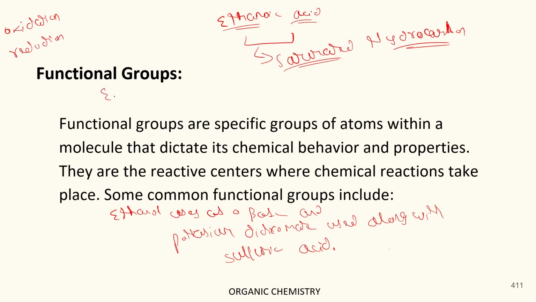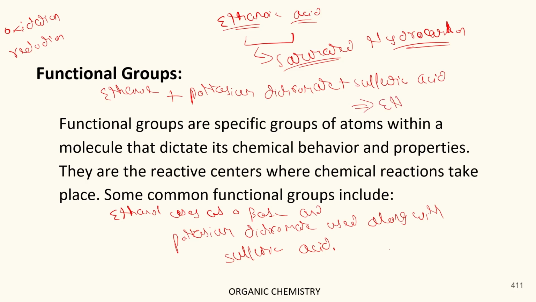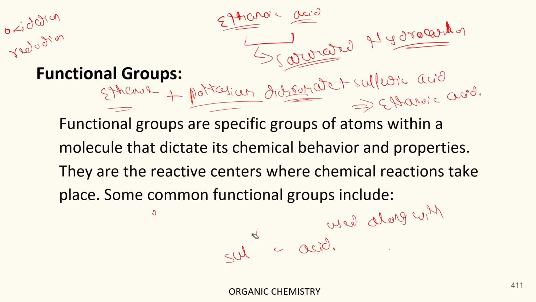So you can say ethanol reacts with potassium dichromate and sulfuric acid to produce ethanoic acid. Here ethanol is a base, potassium dichromate is used to oxidize the reaction, and sulfuric acid is used to acidify the reaction. Got it? So that's how our ethanoic acid is produced.